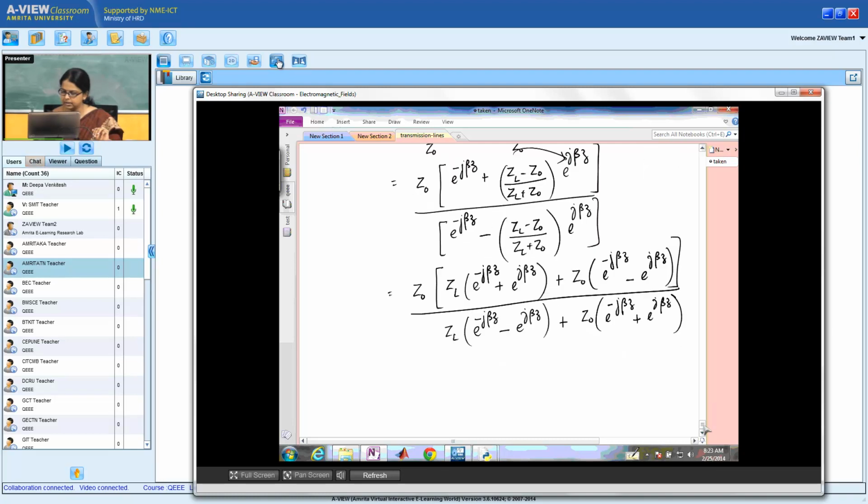This is simply expanding the fraction, making the denominators common.